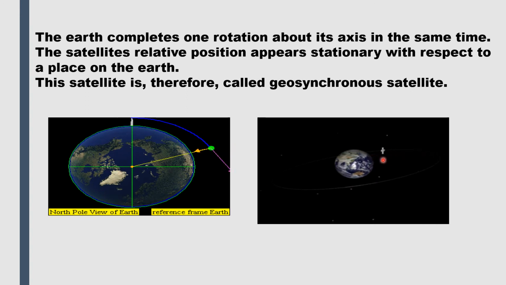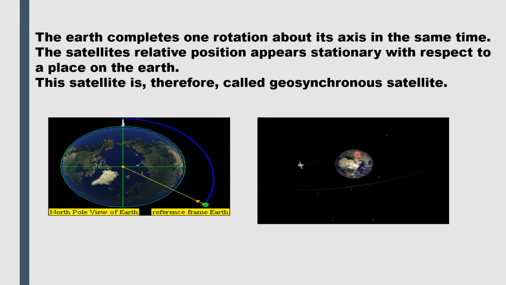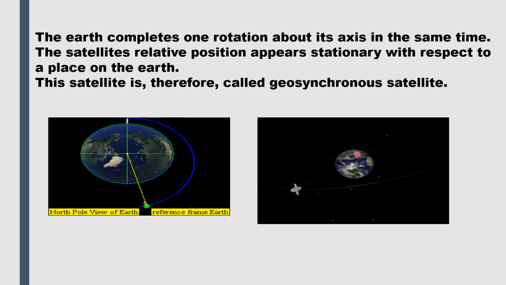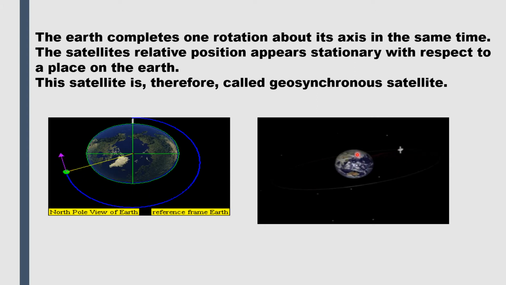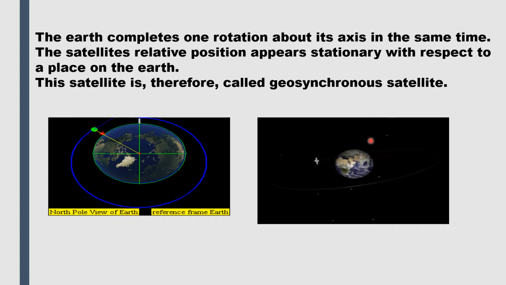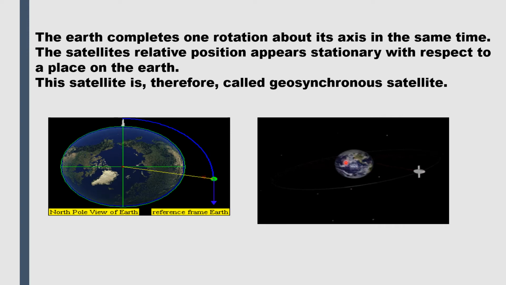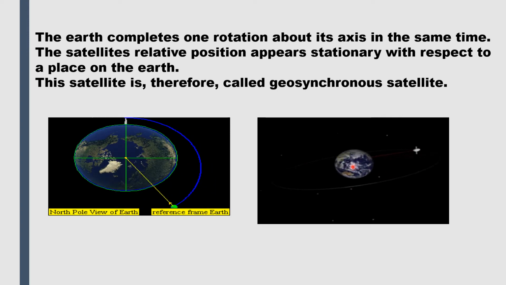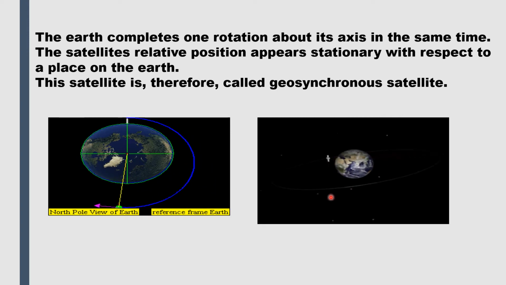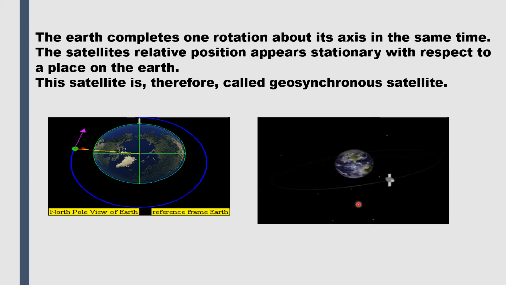At an altitude of about 35,780 kilometers, the satellite seems to enter a sort of sweet spot in which the orbit of the satellite matches with the Earth's rotation, because the satellite orbits at the same speed as the Earth is turning.